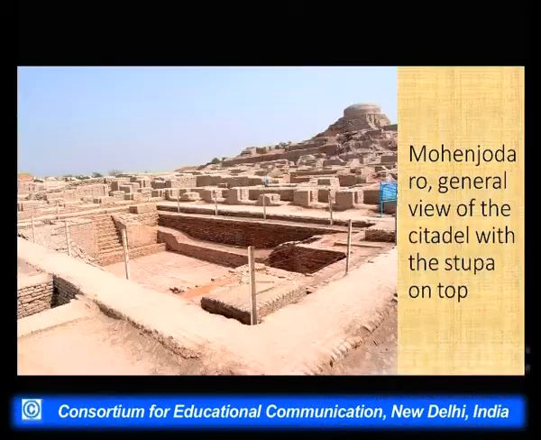Okay. Now I have another view of Mohenjo-Daro, which shows you the citadel with that so-called stupa at top, and you can see the entire view up to the great bath.